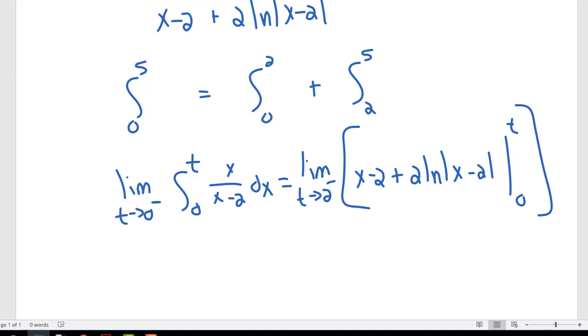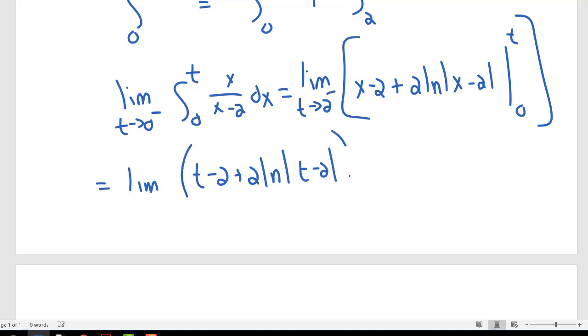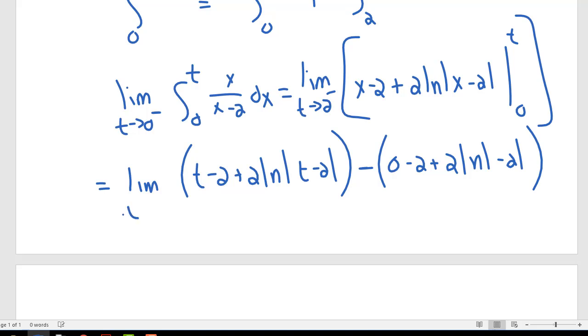So when I plug the t in, I'm going to have t minus 2 plus 2 ln of t minus 2. So there's my upper limit, minus, and then when I plug 0 in, I'm going to get 0 minus 2 plus 2 ln of negative 2. So there's my lower limit plugged in. I'm going to take a limit as t approaches 2 from the left.